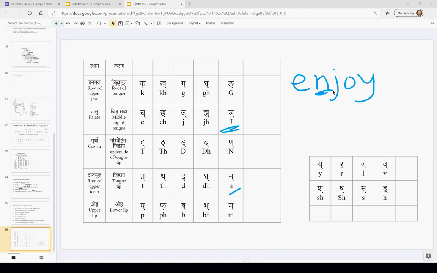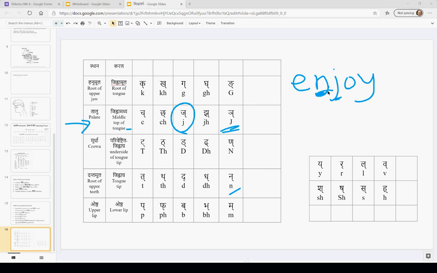If you hear that, the position of the tongue is changing to this position, talu and jihva madhya, which is the position of ja. When you say ja, we are touching the top portion of the mouth with the top portion of the tongue.